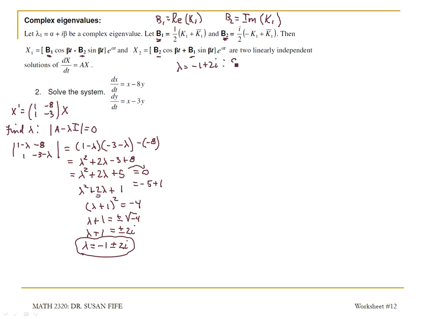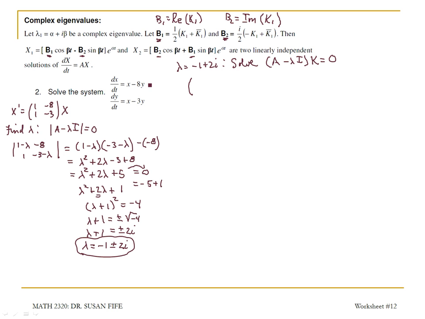And now we want to solve A minus lambda I times k is equal to 0, where in A minus lambda I, we're subtracting off negative 1 plus 2i across the diagonal.